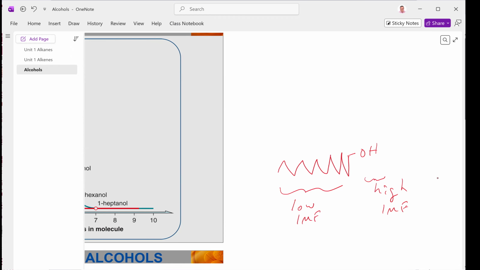So we're going to have a long tail on that OH. Now, each one of those carbons has low IMF. They just have London dispersion force. That's all I got. But there's a lot of them. That OH is very strong. It's hydrogen bonding.